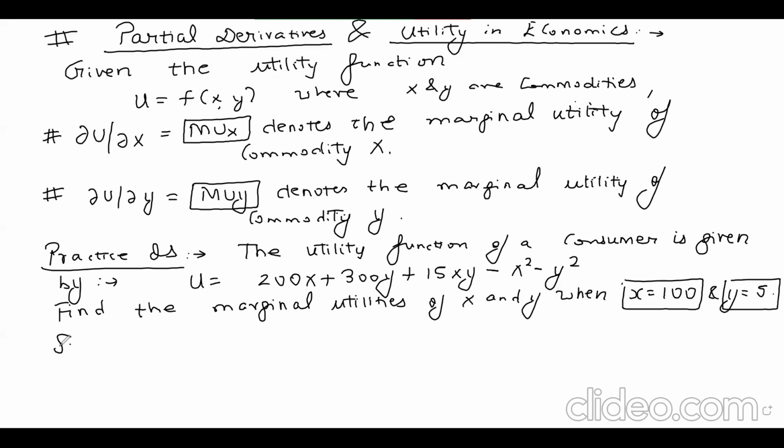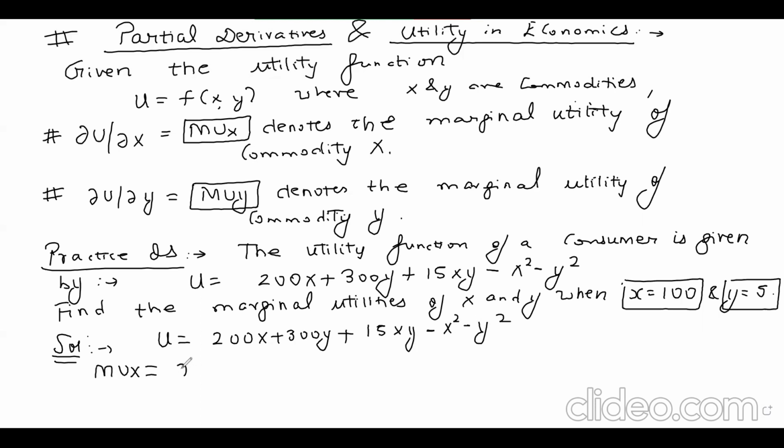So first of all, given the utility function 200x plus 300y plus 15xy minus x square minus y square, let's first calculate MUX and MUY. Now MUX is nothing but the partial derivative of the utility function with respect to good x, which is 200 plus 15y minus 2x.